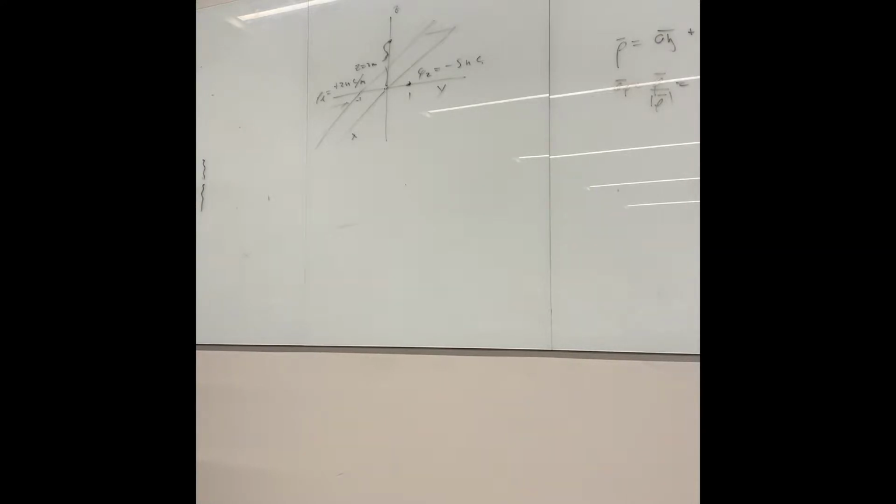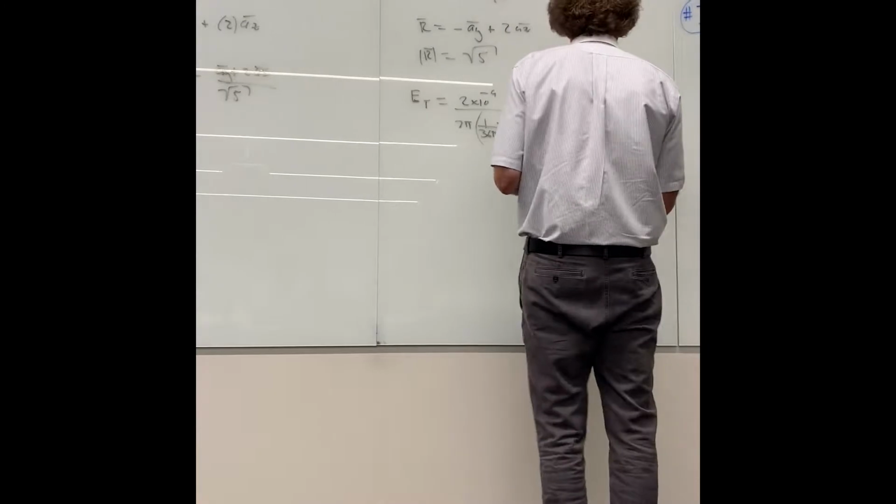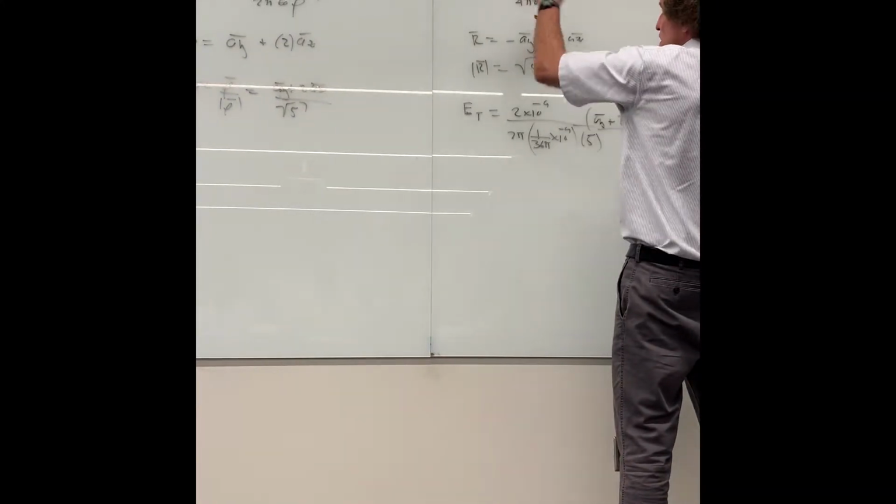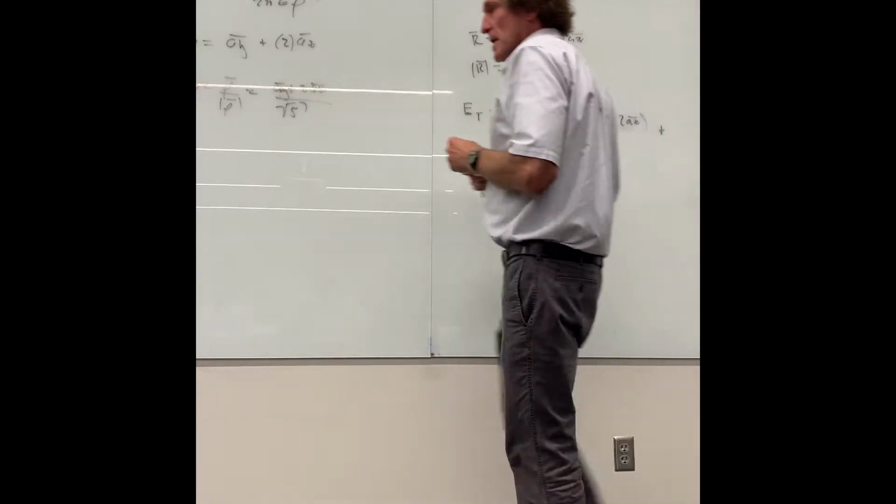Well, a rho has a square root of 5 in it, so I'm just going to leave 5 under here. And then it's going to be times ay plus 2az. That's the first part. Then it's plus the second part, which is this. Well, q on this one is minus 5.